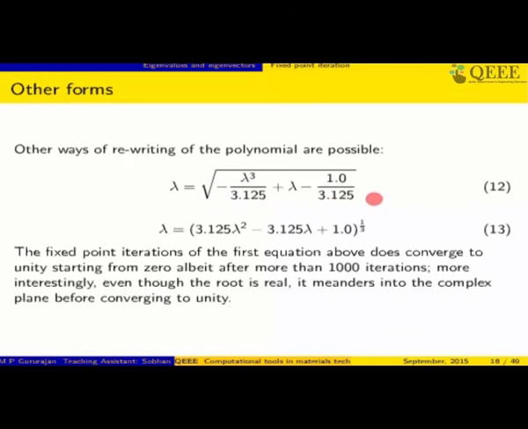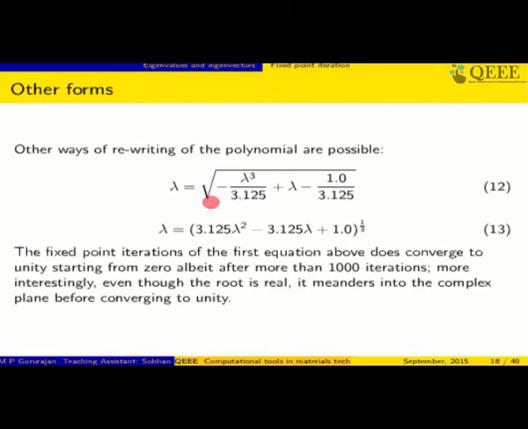So you can rewrite the polynomial in this fashion, or you can take the lambda cube term, keep it on one side, take the rest to the other one and take the cube root. And if you take this expression, for example, the fixed point iteration of this one will converge to 1 even if you start from 0, okay, but the way it does is very, very interesting.